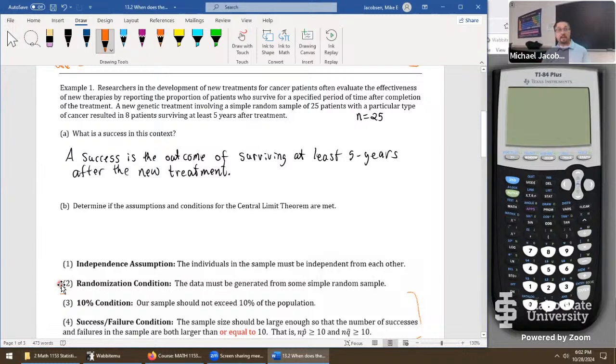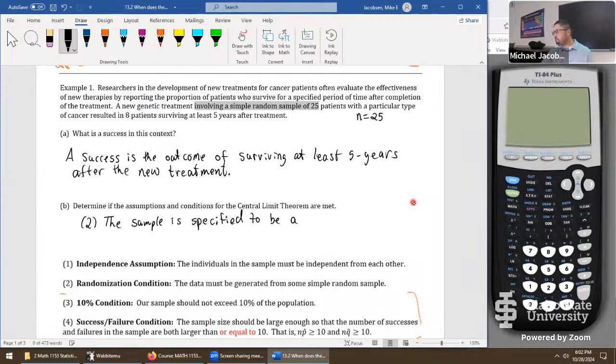So we start on 2, the randomization condition. This is the one we can really check. Reading through the problem, it said right out of the gate, there is a simple random sample. So all we have to say in our problem for part 2 is the sample is specified to be a simple random sample.